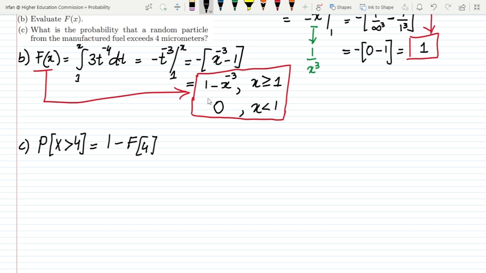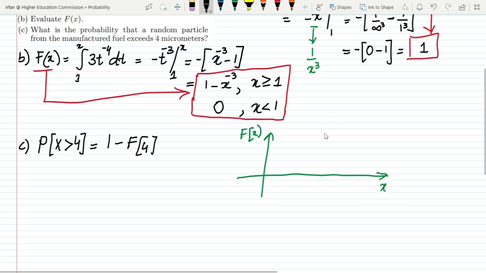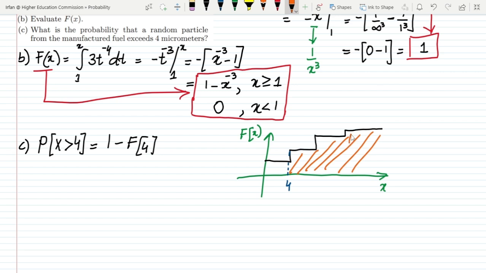And the reason I have told you before is this. Let me have here this f of x, and here we have x, and these are the densities. If I want to find out the area, here we have 4, and all these areas are greater than 4.